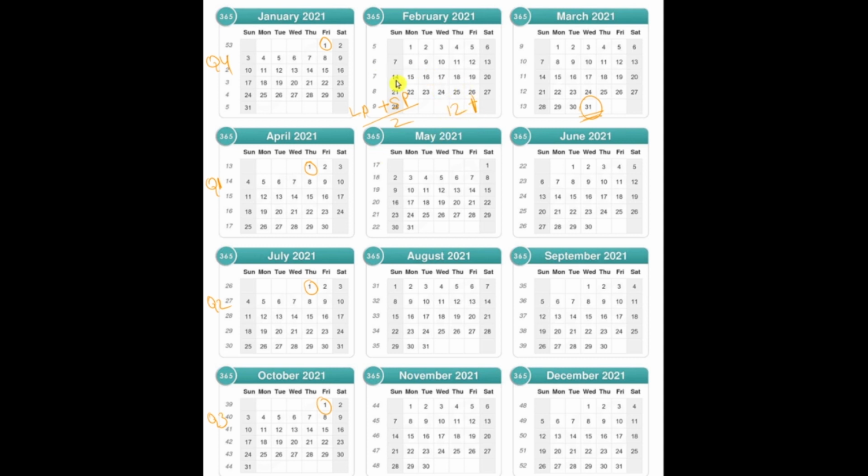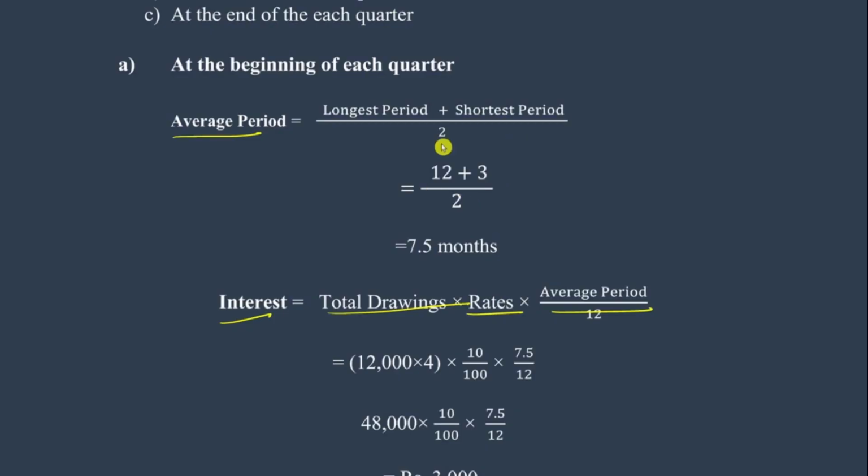The shortest period is from the last withdrawal, that is withdrawn on January 1st, to the accounting period end date, that is March 31st. So from here to here 1, and here to here 2, and here to here 3. So we have 3 months as the shortest period, divided by 2. So that's what we are writing here. Longest period is 12 plus 3 as the shortest period, divided by 2. If you calculate this, you will get 15 divided by 2, that is 7.5.